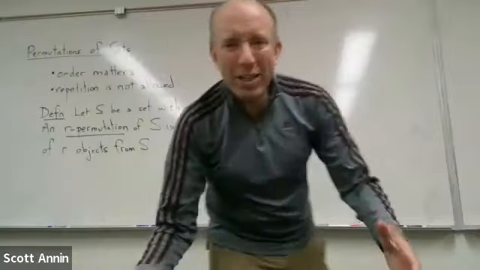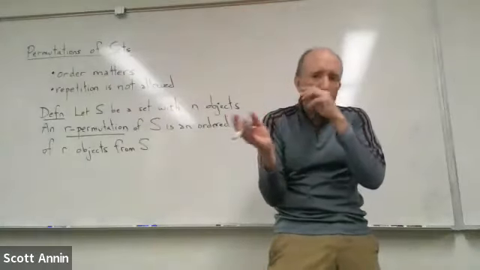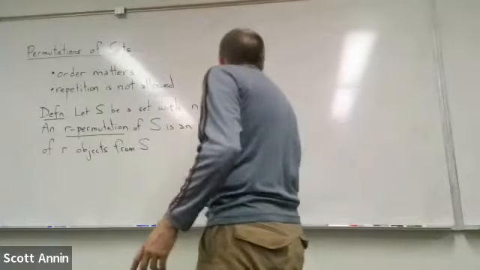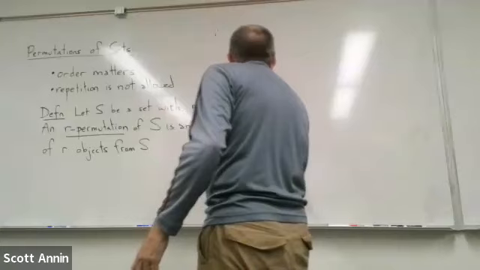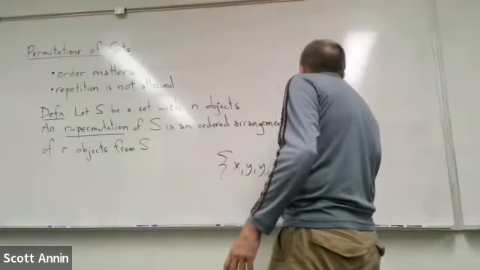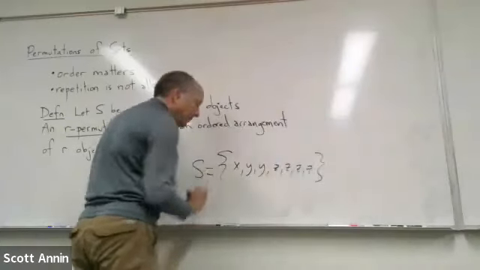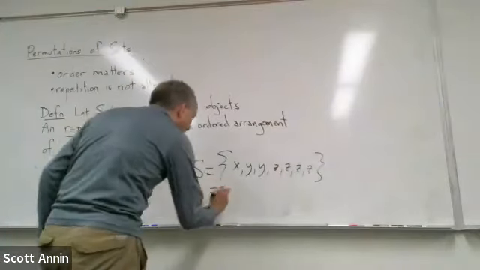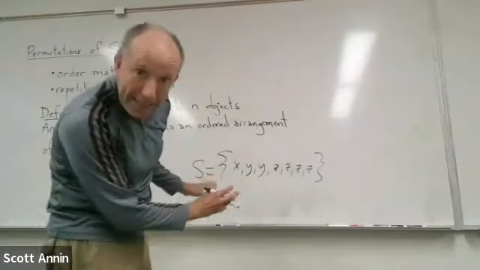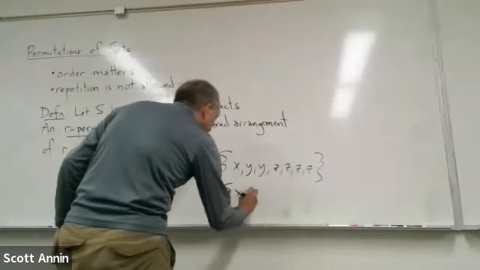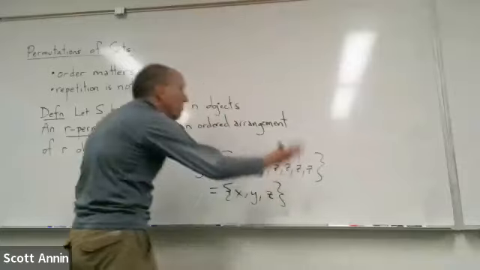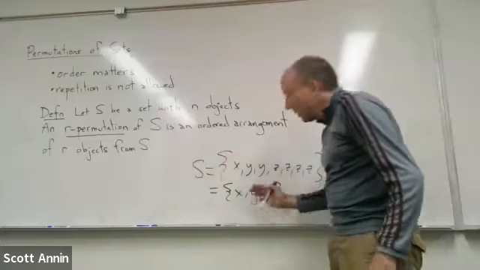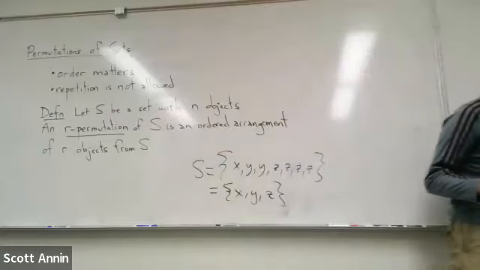I'm imagining that everything in S is distinct. So in the set S, we generally don't count repeats. So if I had a set that had X, Y, Y, Z, Z, Z, Z in it, this is really what we would generally refer to as a multi-set. And we can simply reduce this down and omit repeated occurrences of anything that we see. So the set S really consists of distinct objects only.